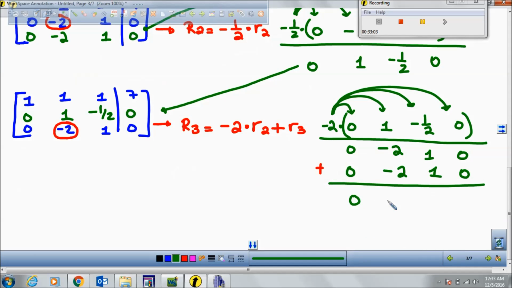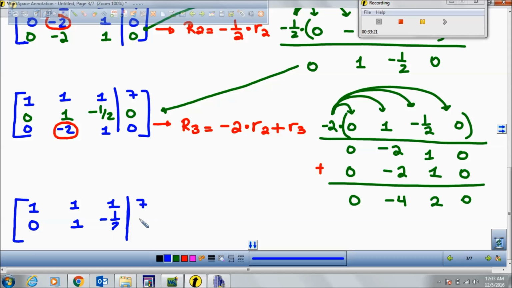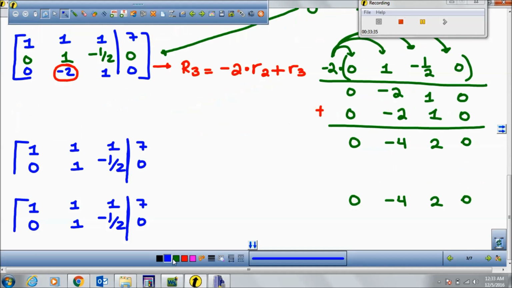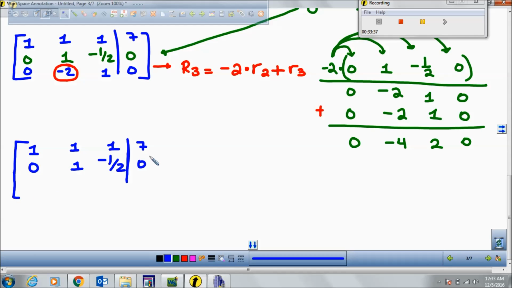So this is 0, this is going to be -4, 2, and 0. So 1, 1, 1, and 7 are still the same. Row 2 is still the same. And move this one to the side so that we can have a better space. And then here comes the third row.